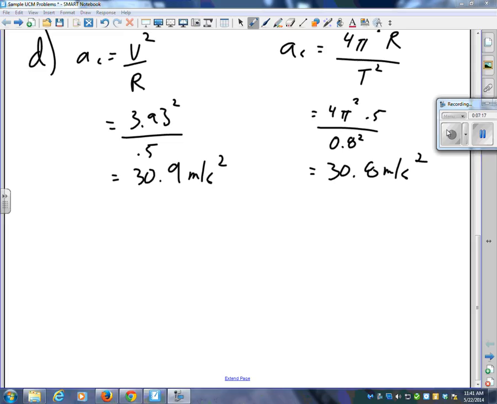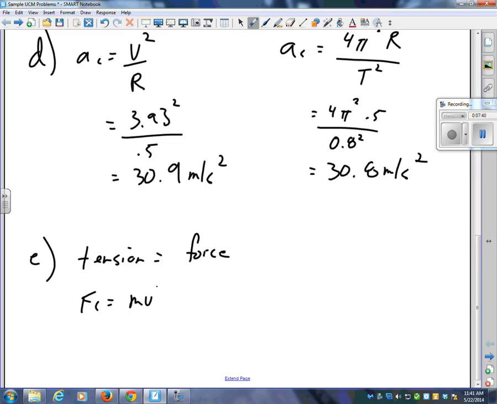Part E asks for the tension and the strength. So when I say tension, it's actually force. It's equal to the force. We're talking about force here, right? Fc is equal to, let's use the easy one, mv squared over r.